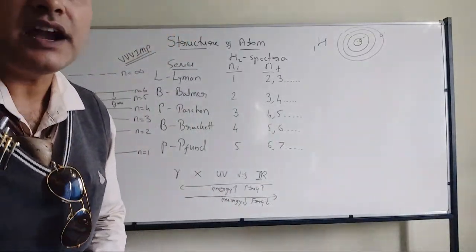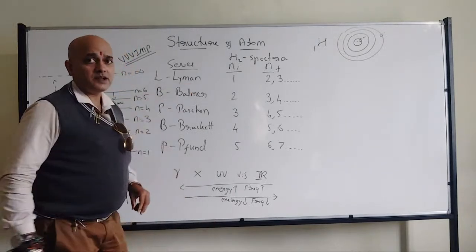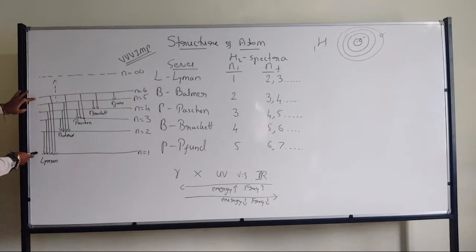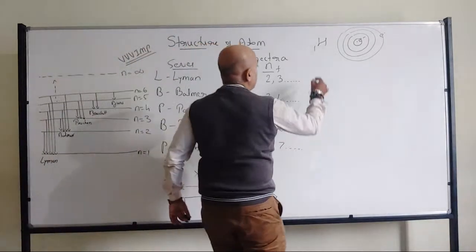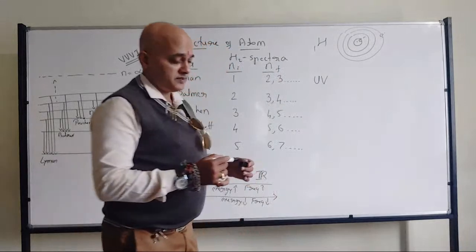Oh, Stefan and Ullas, very good. It should be the Lyman series. Absolutely correct. If you observe, see the difference here, too high a difference in Lyman. That means that much energy is getting released or absorbed. Yes, that's where we have the Lyman series, which belongs to the UV region.